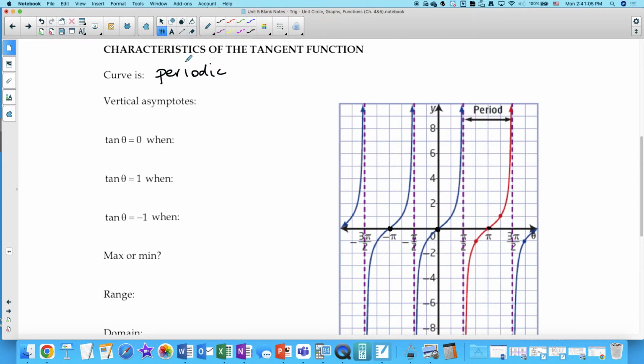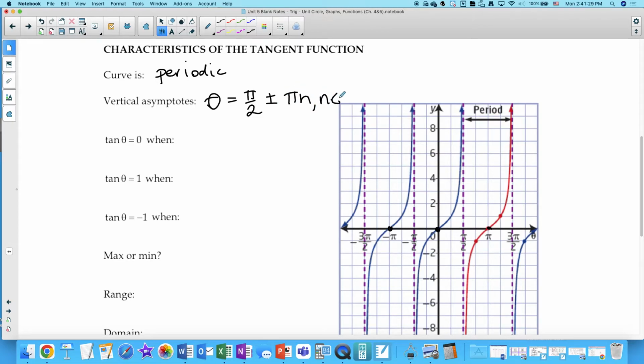The vertical asymptotes occur when x or theta, what are we using here? I'll use theta. When theta equals pi over 2 plus or minus pi n, where n is an element of the natural numbers. Okay?